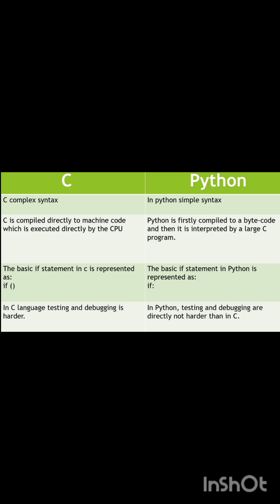C is compiled directly to machine code, which is executed directly by the CPU, but Python is first compiled to bytecode, and then it is interpreted. And in C, the basic if statement is written as if, and in Python the basic if statement is written as if with a colon.